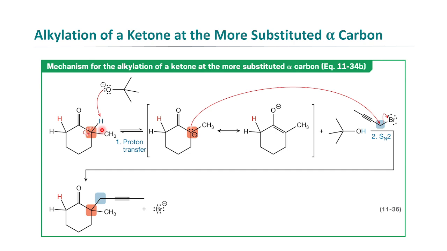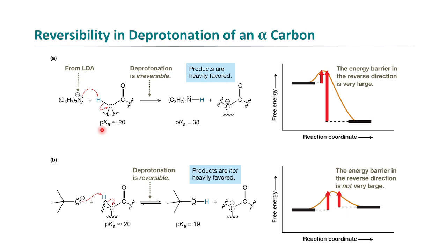Okay, so we can go ahead and understand why one side gets attacked faster than the other. So for the LDA here, we're going to attack the less alkylated side. This deprotonation is going to end up being irreversible, and products are going to be heavily favored. So this is going to be where we have a fairly low barrier to overcome, and then we go over to the products, and the products are thermodynamically very favored here.